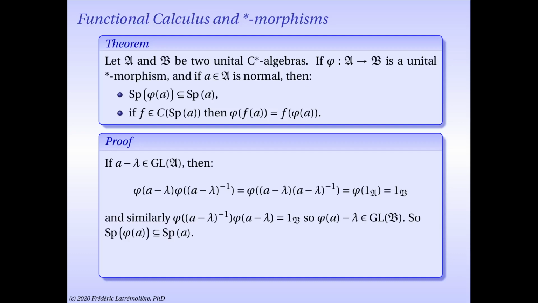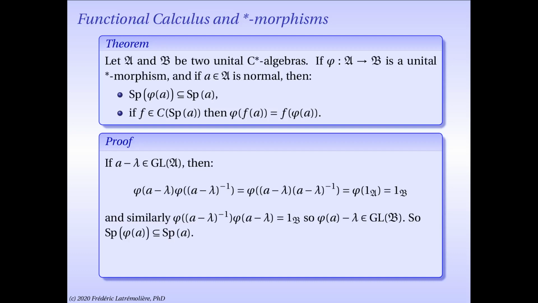And that calculation carries just as easily when you multiply those two factors the other way. So we get that phi of A minus lambda, which by linearity you can take the lambda out, is also invertible in the codomain of phi. So if you start from some lambda that is not in the spectrum of A, then it's not in the spectrum of phi of A either.